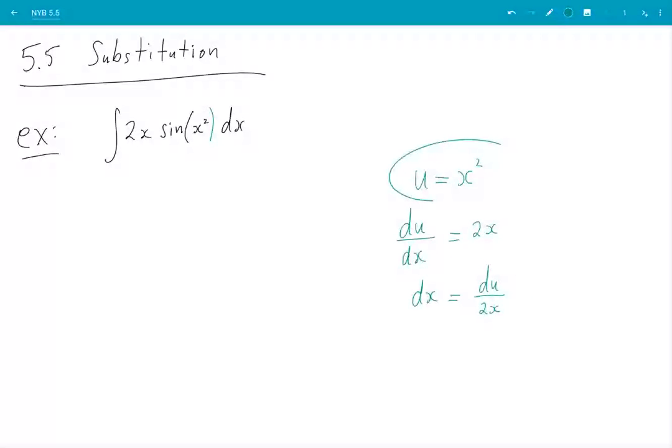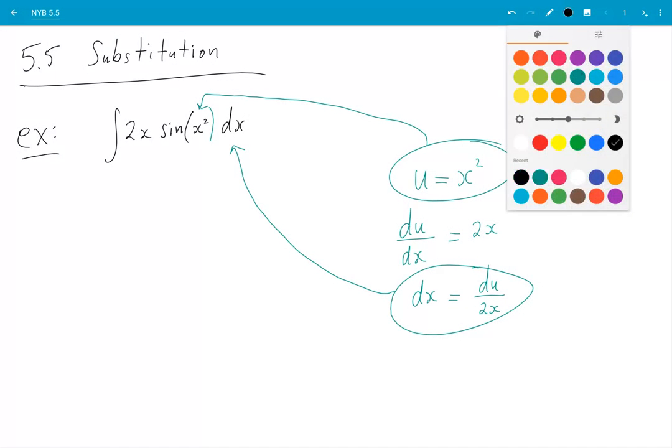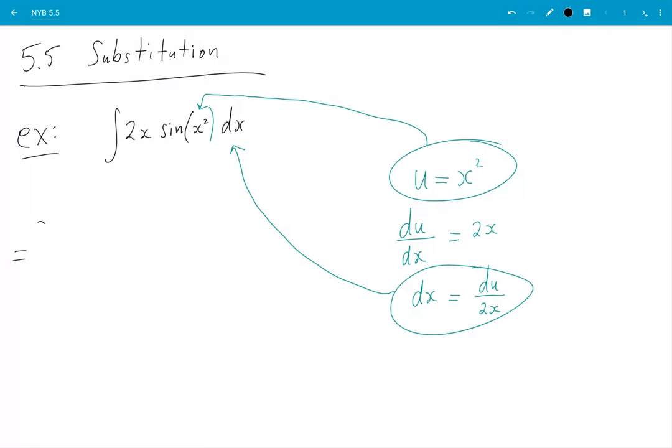Now I'm going to take the first thing and the last thing over here and plug it back into my integral, giving me 2x sine u and then du over 2x.